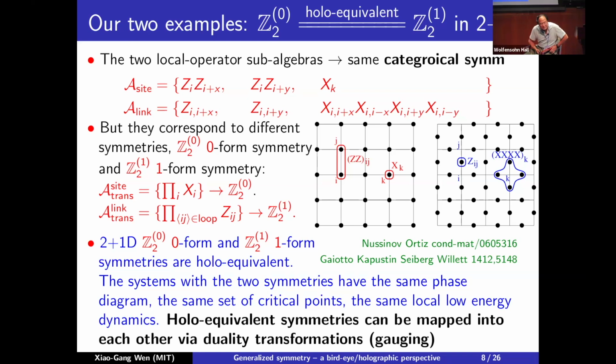Yes, that's the definition. For symmetries belonging to the same holo-equivalence class, their transformation algebras are by definition holo-equivalent. However, these transformation algebras may not be related by unitary transformation, but they are related by duality transformation.